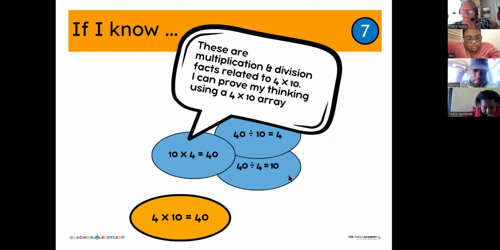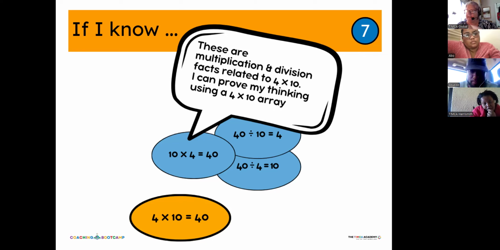Okay. And then if I said to you, can you prove that? The best way to prove it would be by using an array, a 4 by 10 array. Making a 4 by 10, then turning it around so it becomes a 10 by 4, and then talking about how you can divide the 40 into 10 bits with 4 in each, etc. So when we finish today, I want you to think about how you could prove that with an array.